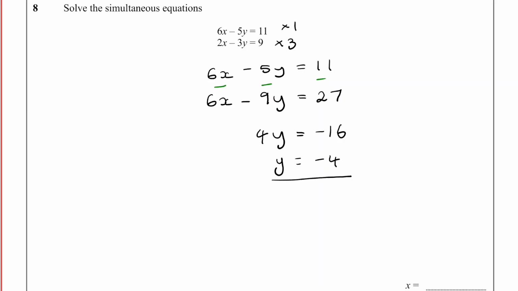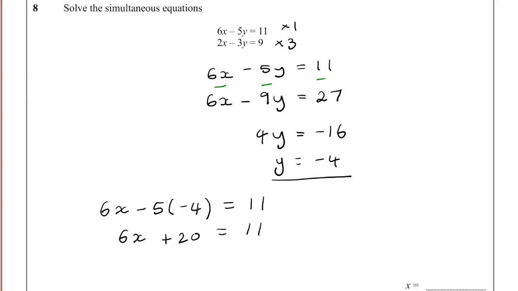I can substitute that back in now to find x into either the first one or the second one. It doesn't make a difference. I'll do the top one. So 6x minus 5 times negative 4, so changing y, equals 11. Negative 5 times negative 4 is a positive 20. So 6x plus 20 equals 11.